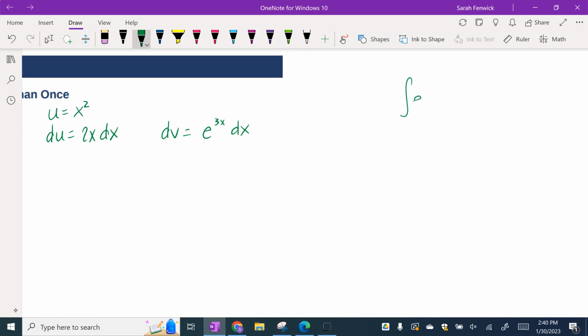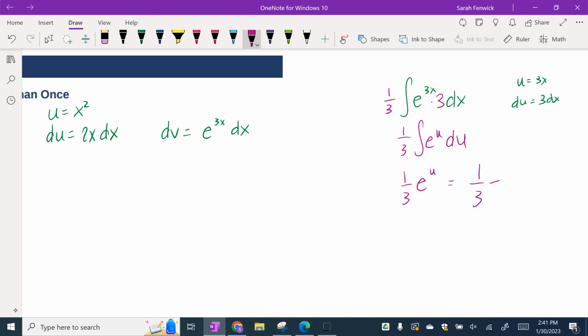If I integrate e to the 3x dx, my u is 3x, my du is 3 dx. So that tells me I need a 3 here, which means I need a 1/3 here. So 1/3 e to the u du is 1/3 e to the u. So that's what v would be, 1/3 e to the 3x.